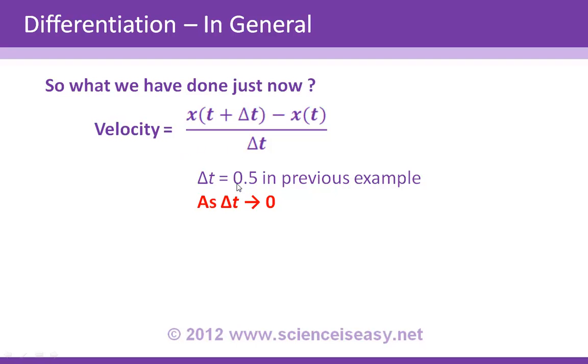When I took delta t as 0.5, it is not so accurate, but if I take it very small, really near to 0, my velocity value will be quite accurate. So if we can make it such a condition, then that scenario is known as differentiation. Here is a condition. When delta t tends to 0, this expression will be called as dx by dt, or differentiation of x with respect to t. As simple as that. Okay.